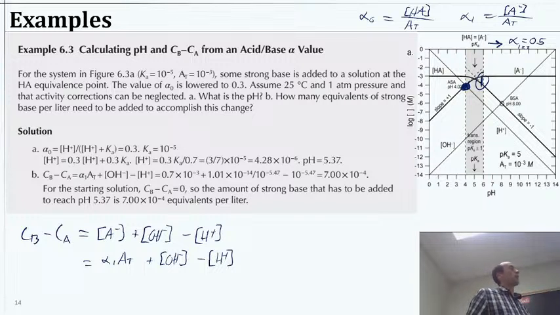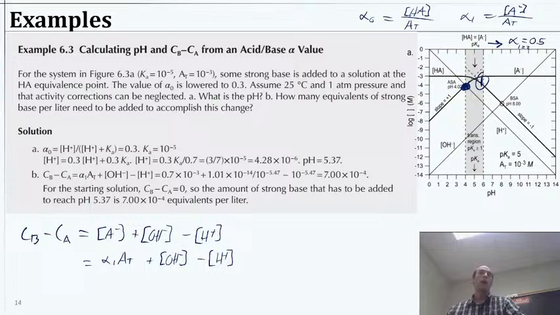But there's probably a better way to do it, and if we glance at the solution, it looks like there is. You're going with the convention that since alpha 0 is 0.3 and not 0.5, and you added a base, it's going to increase the pH, so it's going to be in between the pKa and where the equivalence point was.